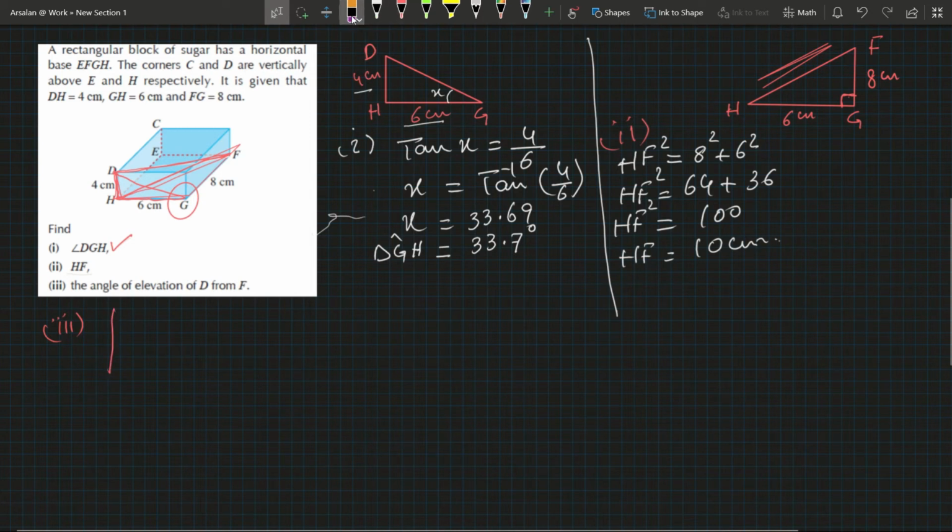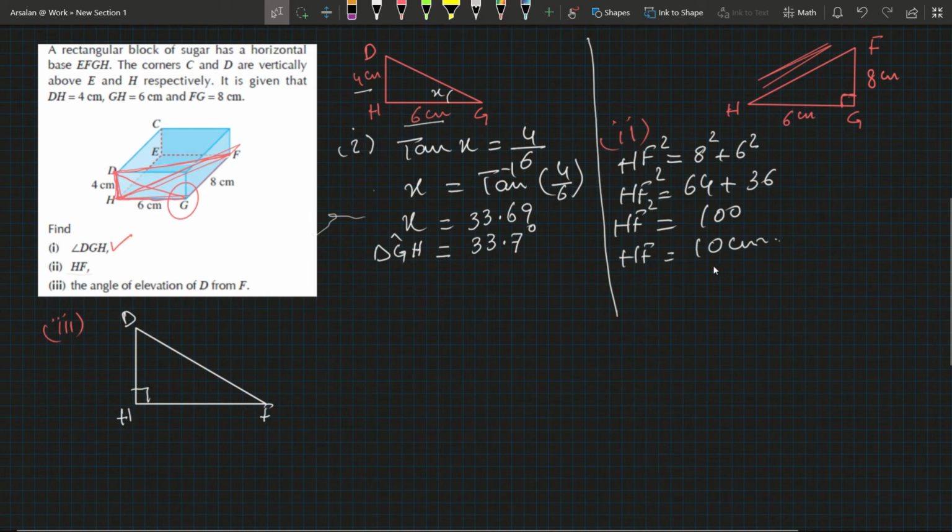Wait a minute, let me make a correct diagram. It's a right angle triangle. Here we have a 90-degree angle, and this is D, this is H, and this is F, right?